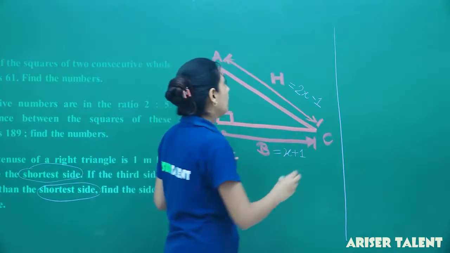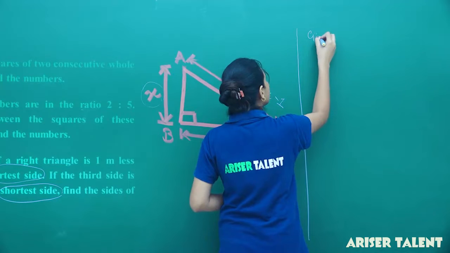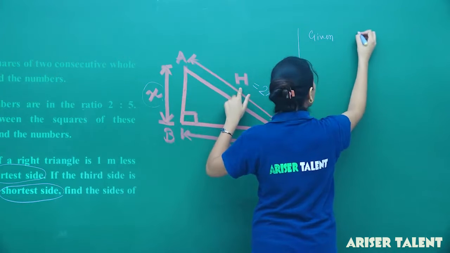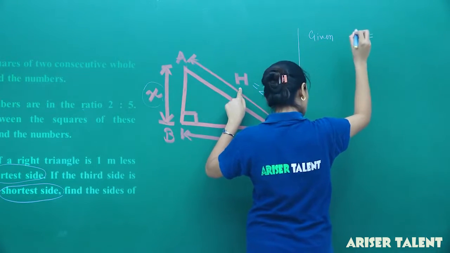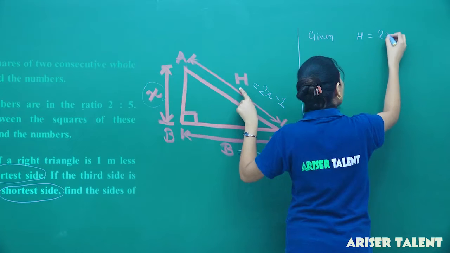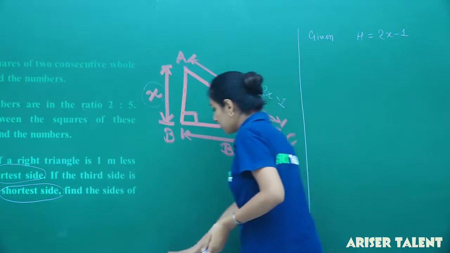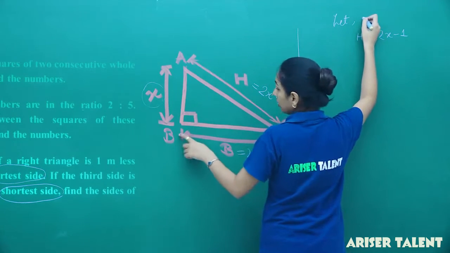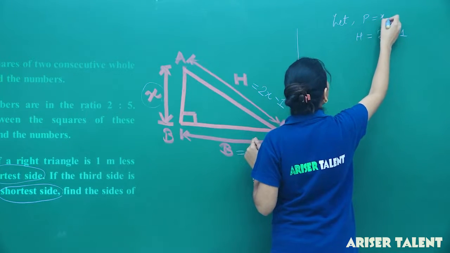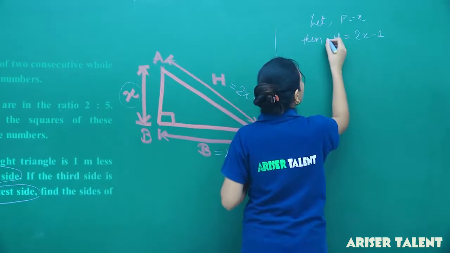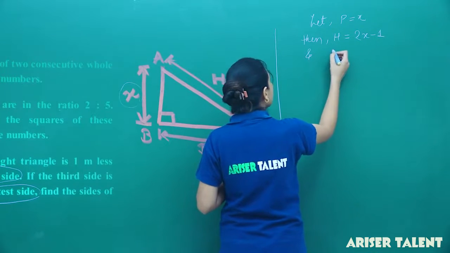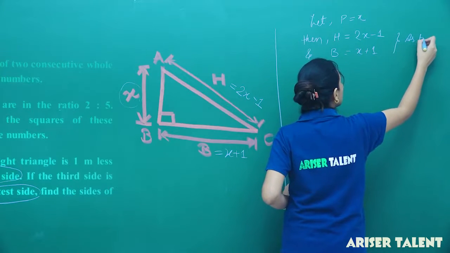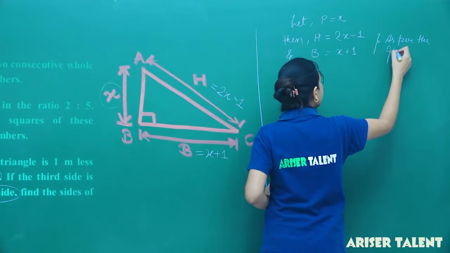So let the perpendicular equal x, then the hypotenuse will be 2x minus 1 and the base will be x plus 1 as per the equation.